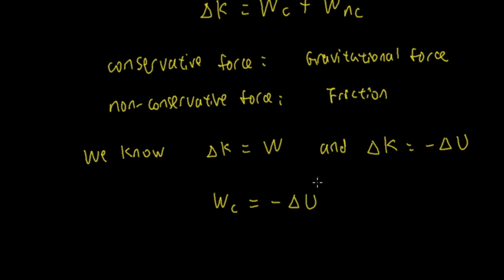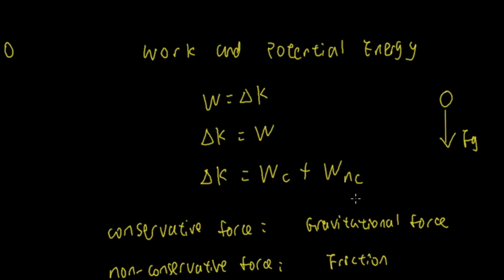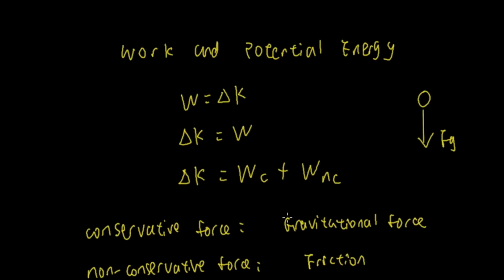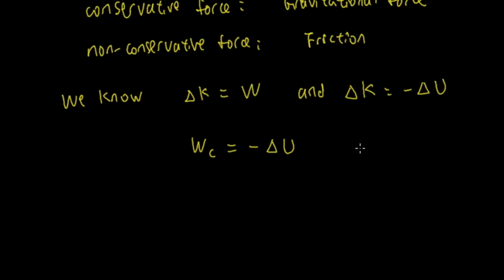Notice that this is a negative sign. Because think about that, right? As the work done by a conservative force, which is gravitational force, to the object as it drops, its potential energy is decreasing. So it's a negative sign, okay?